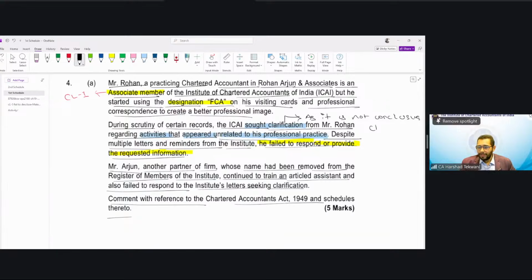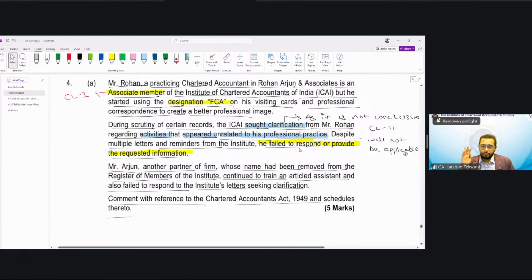So clause 11 will not be applicable unless and until I find that he has done something which was not related to professional practice, and where he has not taken prior approval or was not falling part of the general list. Till the time, I cannot invoke clause 11.